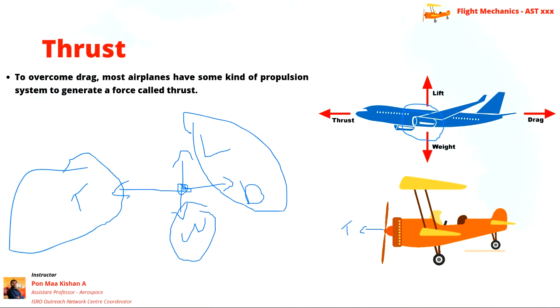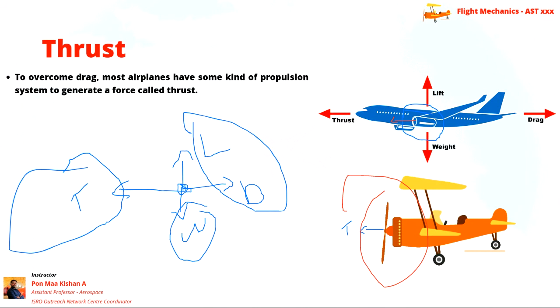Okay. So that particular line, that particular point or axis, we can say reference axis, we can say line of thrust. Okay. So the line of thrust is indicating that in case of a propeller driven engine, right, it will be acting at the center of the propeller, the propeller hub. Okay. So this is the hub.